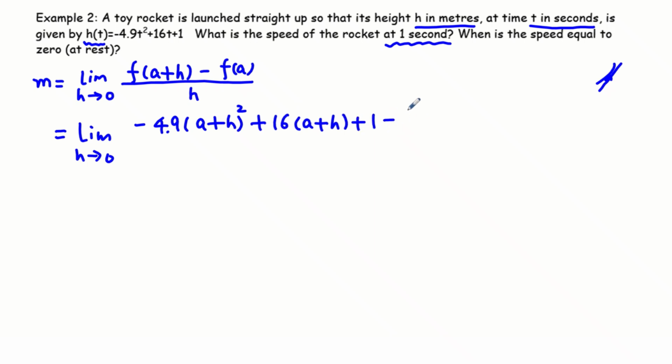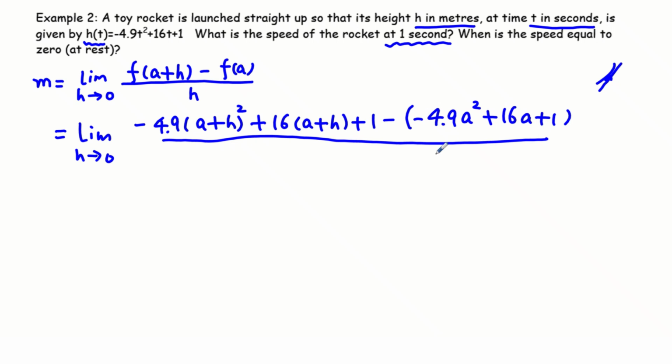Take away the bracket, plug in a for t, so negative 4.9 a squared plus 16a plus 1. Then all over h. So equals the limiting value when h approaches 0.